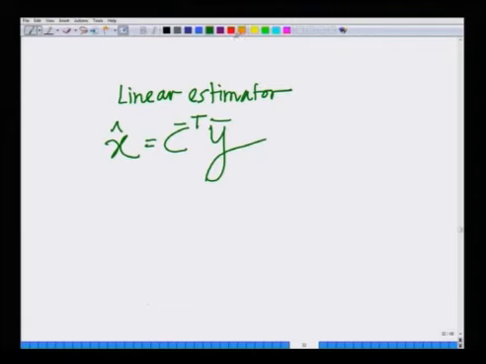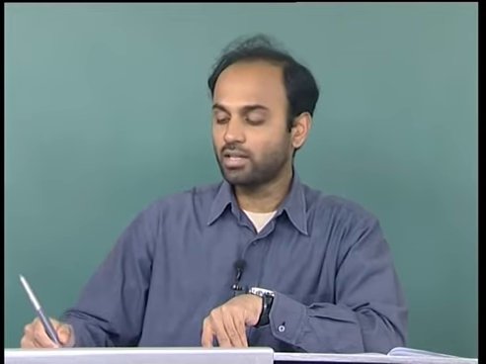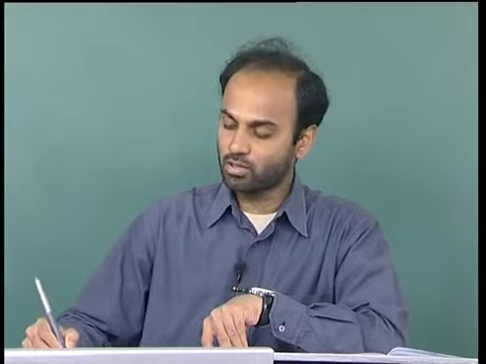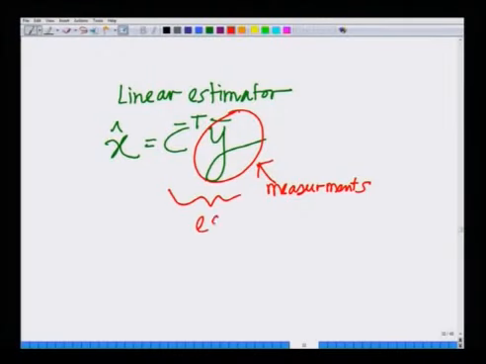So, these are my measurements. Let me repeat again, I want to estimate x from the measurements. I am going to use a linear combiner C such that C transpose y bar gives my estimate. So, this is my estimator.